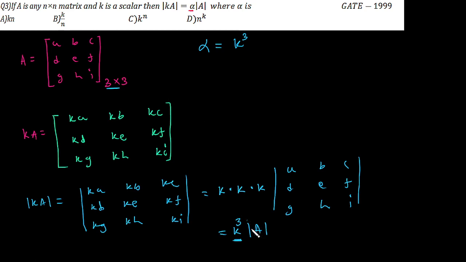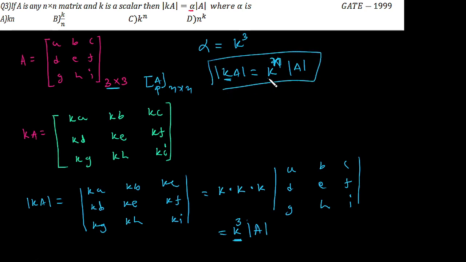So we can conclude that for any matrix of order n cross n, the determinant of K times A equals K raised to the power n, which is exactly the same as the order of the matrix, times the determinant of the matrix A as it is.